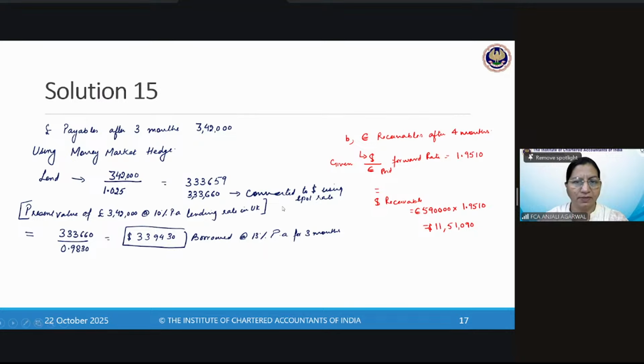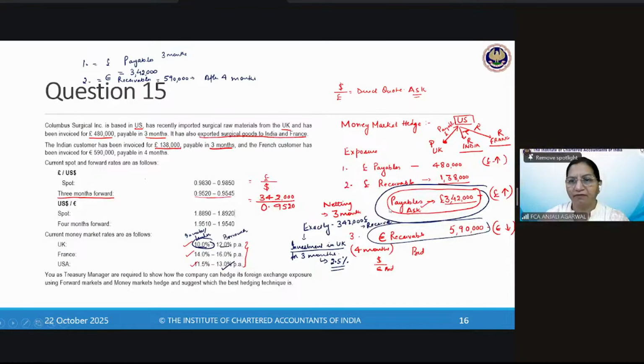Now is it clear to some extent? We had pound payables. We will create exactly pound receivables of 342. For 342, we don't need to invest 342. We need to invest 342 divided by 1.025, as in UK the lending rates are 10% per annum.